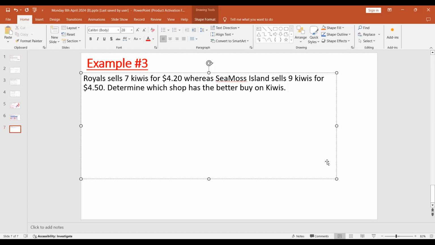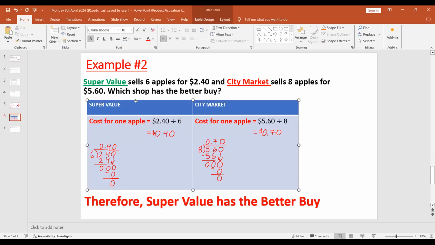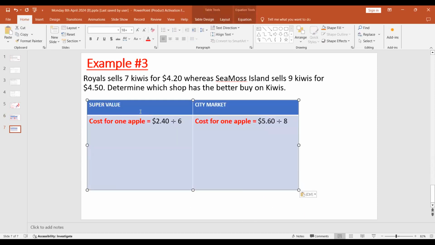So for this one, we're going to do the same thing. We have to find the cost for what? One item. The cost for one item, yeah. So we're going to call this Royals, and then we're going to call this one Sea Moss Island.